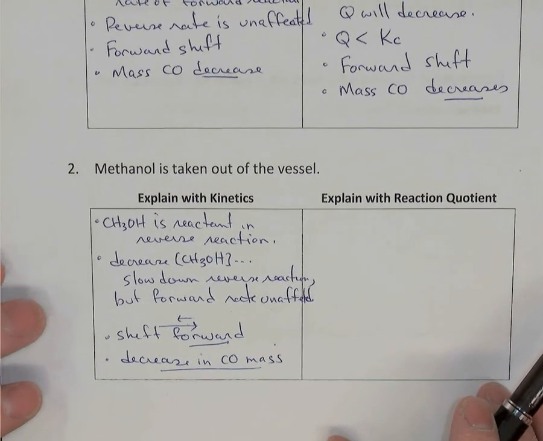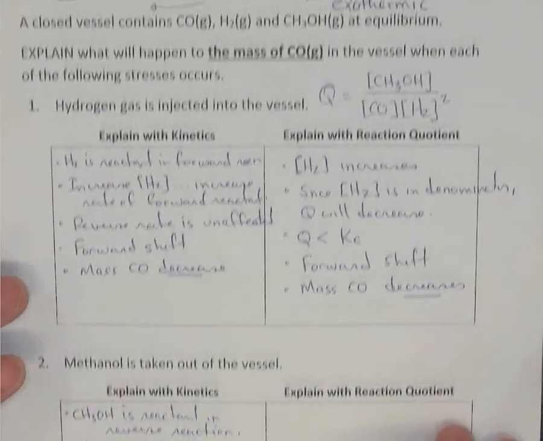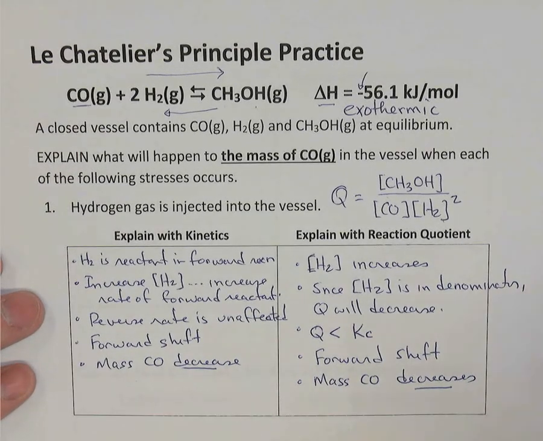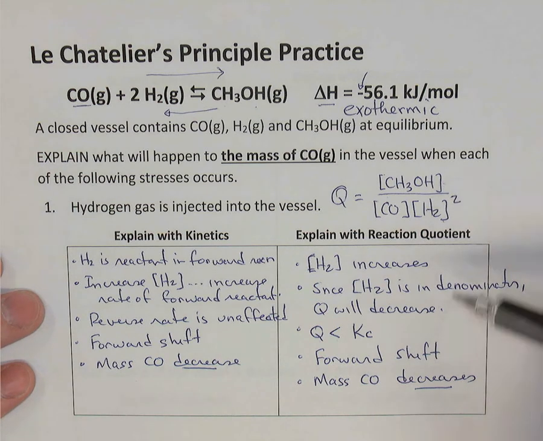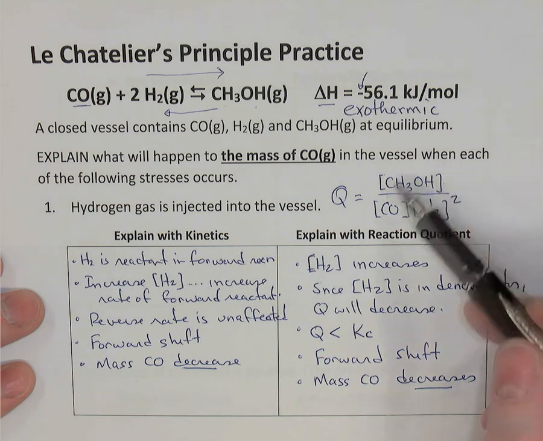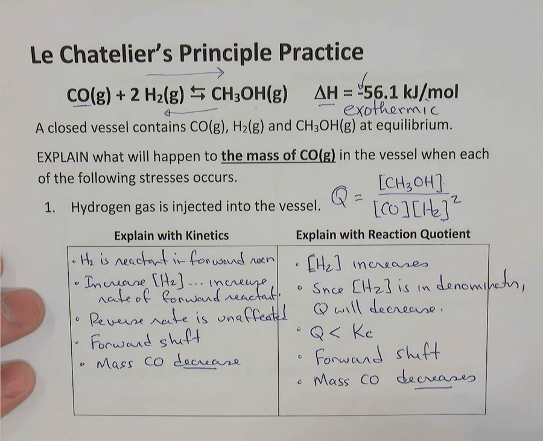Now, in terms of the reaction quotient, let's look back at our expression for Q, and we notice that methanol is in the numerator of Q, and we have just taken some methanol out of the container, so we've decreased the methanol's concentration.